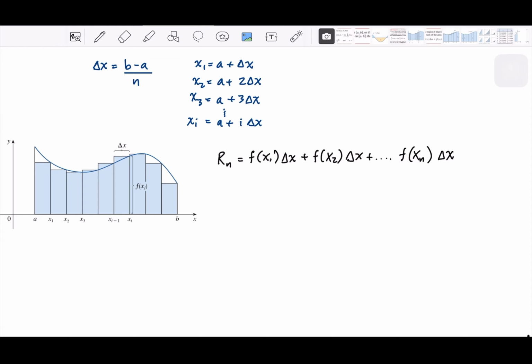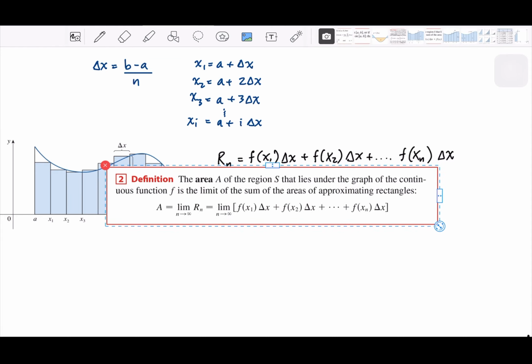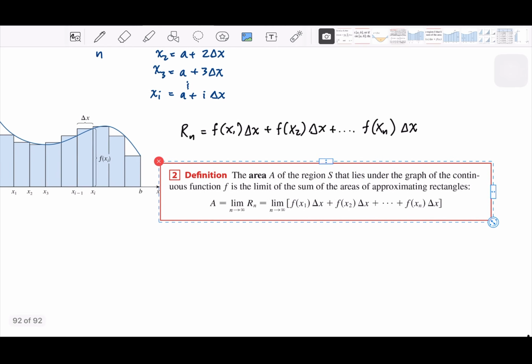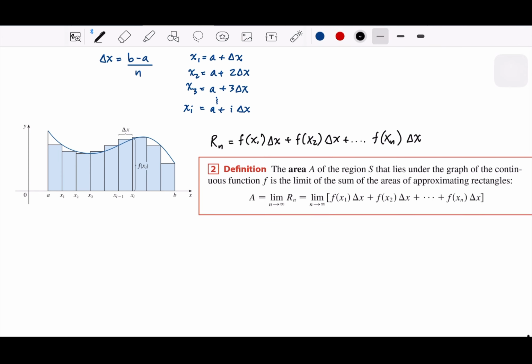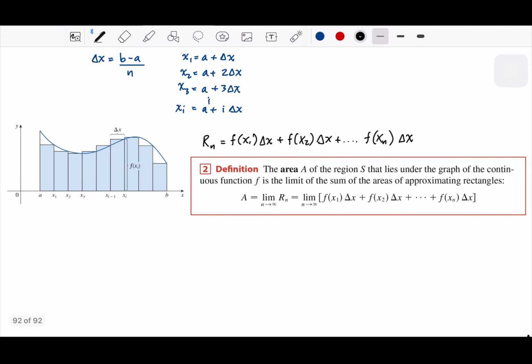So we could take the definition of the area as the limit as n goes to infinity of R_n, which is the summation of all the rectangles' areas.